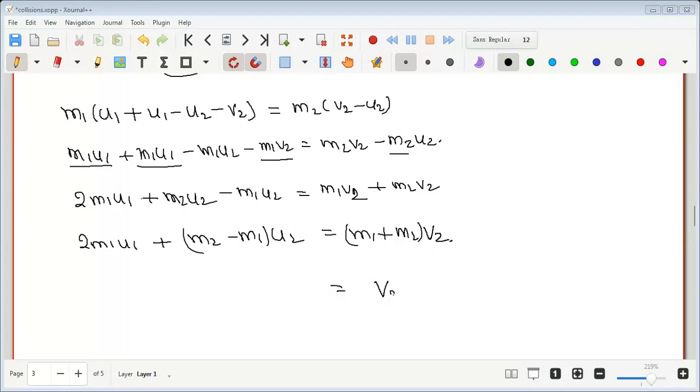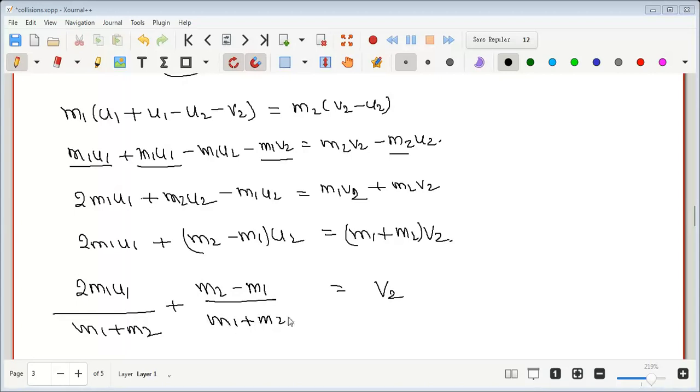Now v2 is equal to 2m1 u1 by (m1 plus m2) plus (m2 minus m1) by (m1 plus m2) into u2. This is the final answer.